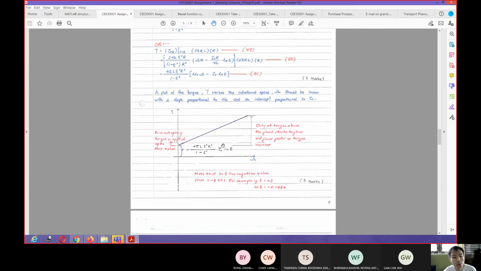This connects back with the Bingham plastic property, because only at torque above this value will the fluid start to flow, and flow faster as the torque increases. There will be no flow if the torque applied is below this value. With this, you can derive the quantities of mu naught and the shear stress tau naught.